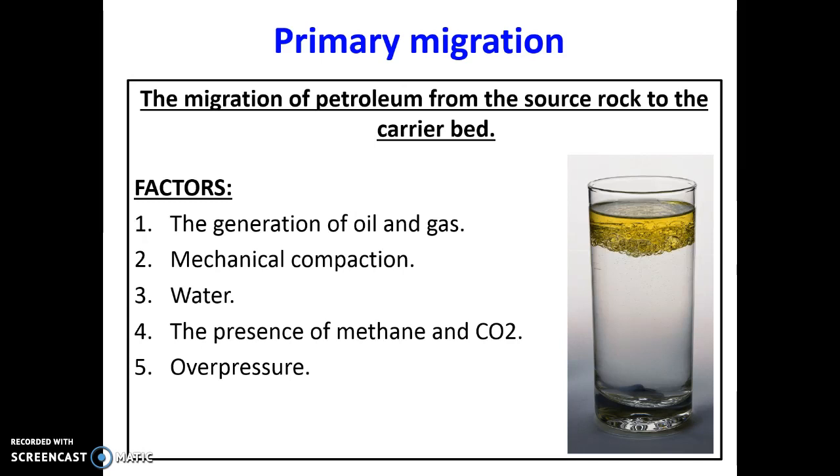Next, overpressure. At the peak of oil generation, remember there will be a conversion of organic matter to liquids and gas. This causes an increase in the net volume of kerogen plus generated fluids, so the volume can increase up to 25% over the original organic volume.